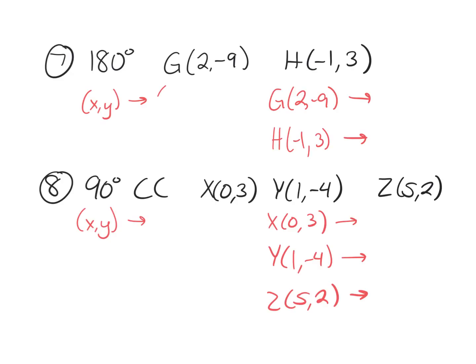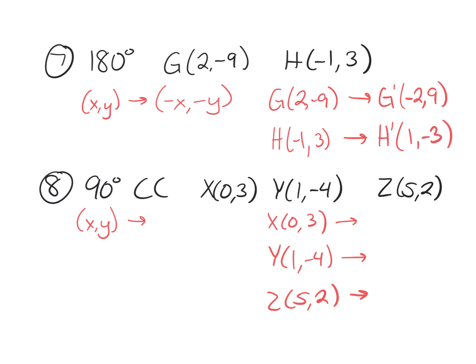All right, on number 7, 180 degrees. What is my rule over there? What happens to my original x, y? The negative signs, right? Yep, it switches signs. So what's my G prime? -2, 9, good. H prime? 1, -3, thank you.